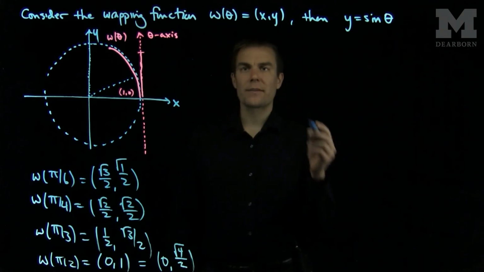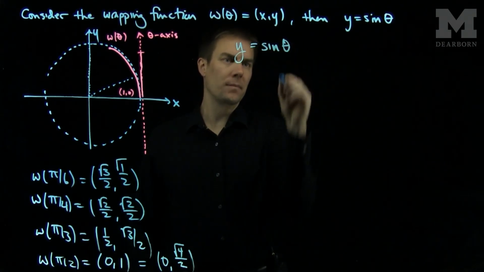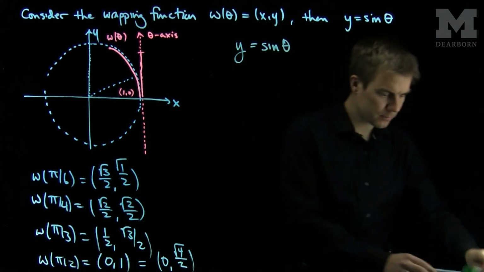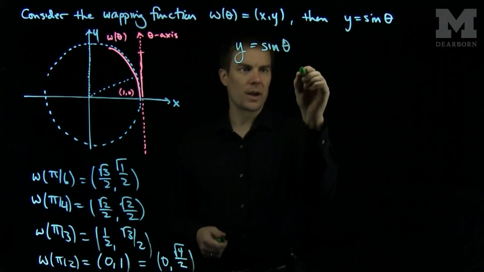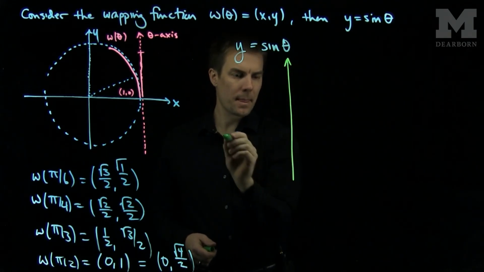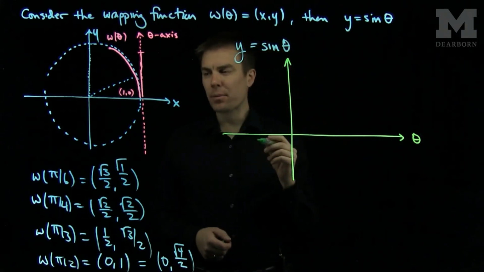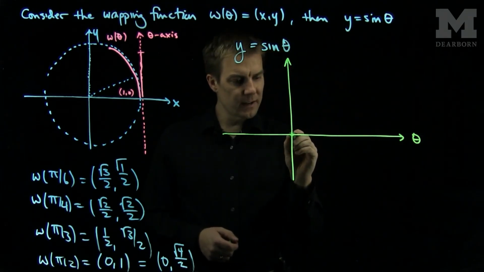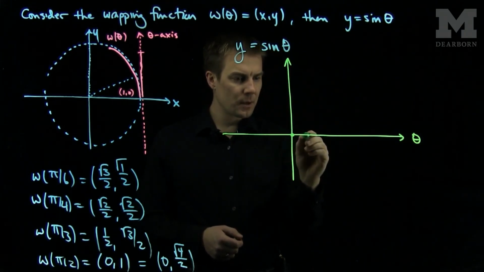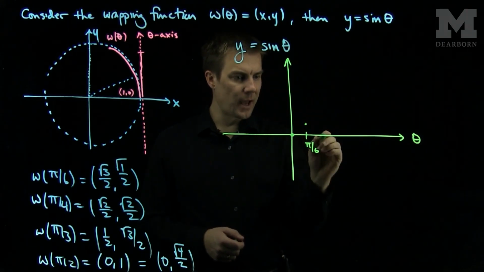So if we're to plot the graph of y equals sine theta, what we can do is we have the y-axis, we have the theta axis, and we can plug in some initial points. The sine of 0 is equal to 0. The sine of pi over 6 is equal to 1/2.